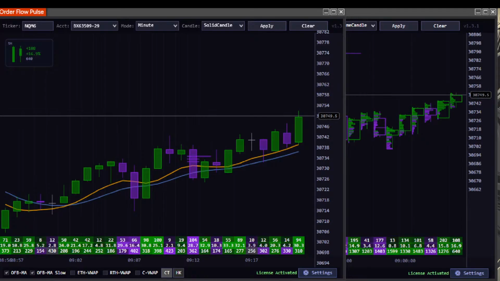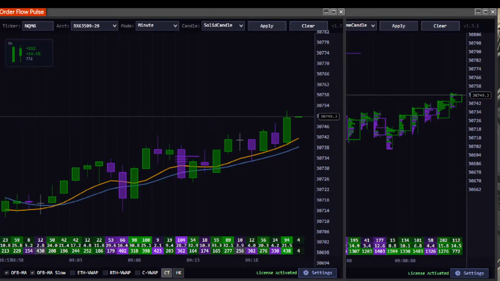ATR on the NQ, man. I hope the ATR is not whacked out today. We'll just do 2, 20, then 2 and 1 maybe. Yeah, we're not going to use the VWAP. I want more trades. I want to test it.